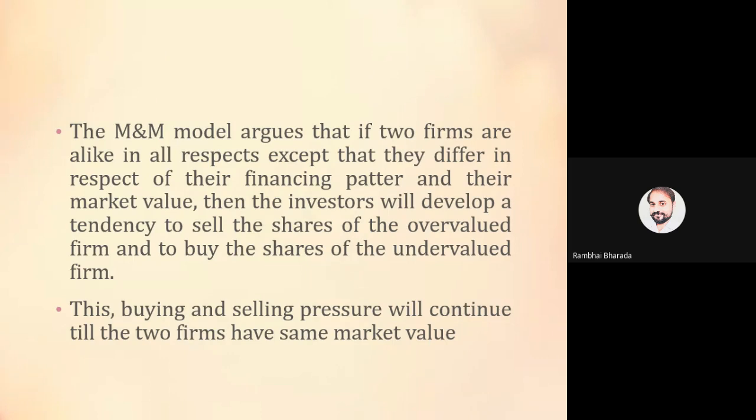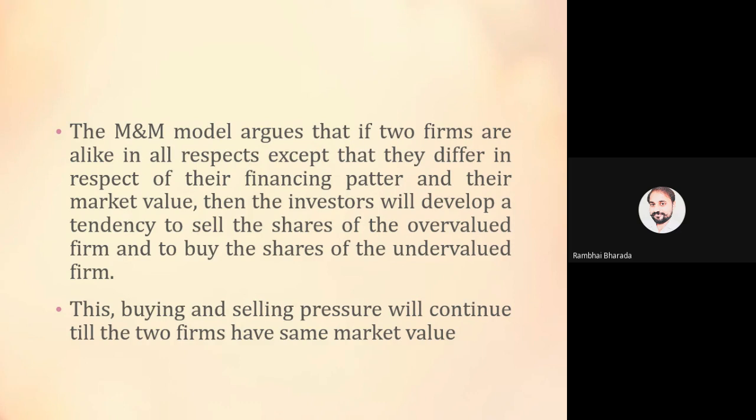If two firms are alike in all respects except they differ in respect of their financing pattern and the market value. Suppose two companies are there. This is explained by MM.